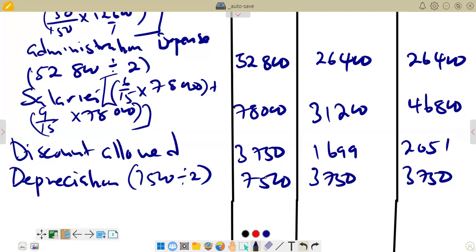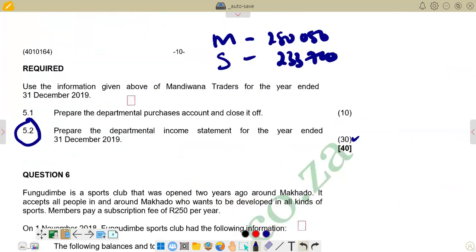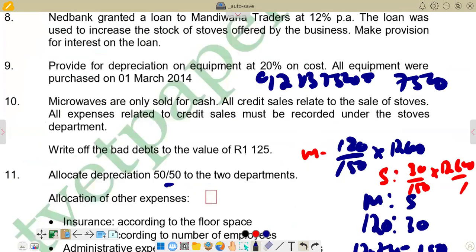And then obviously we have another expense that we want to check. If you go there, we see that we have bad debts to the value of 1,125.